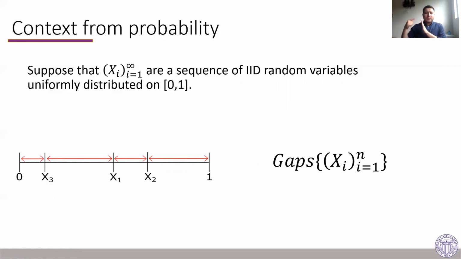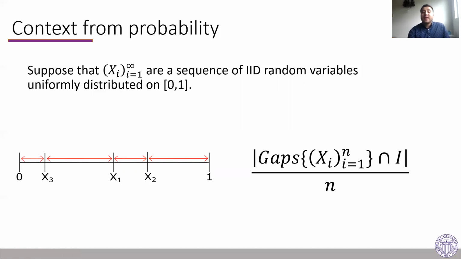And there's a normalization going on here that's not super important, but that I should make note of. And now we're in the same position that we were with holonomy vectors, right? I have gaps of an IID sequence, and I want to ask, what can I say about this gap set? Or more generally, how likely am I to land inside of my favorite interval out of how many points could have landed in there?